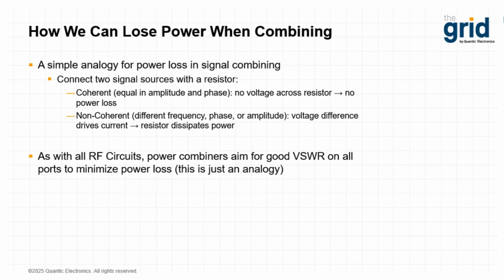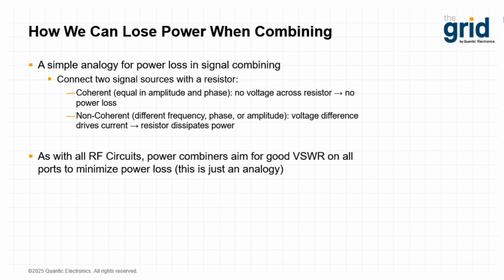So how do we think about why we're losing power when we're combining? It's not really normal to think about losing power. If I'm putting two things together, I should sum them, and I really shouldn't be losing power. But what's a simple way of thinking about that? Well, if you have two separate signals and a resistor between them, think about the voltage built up across that resistor.